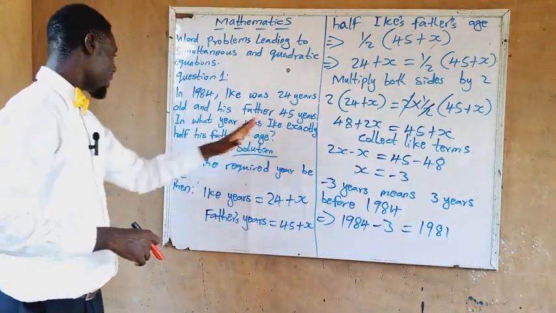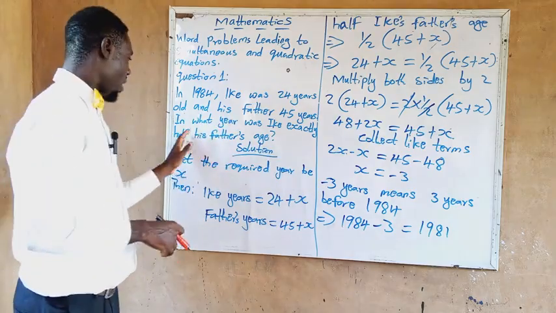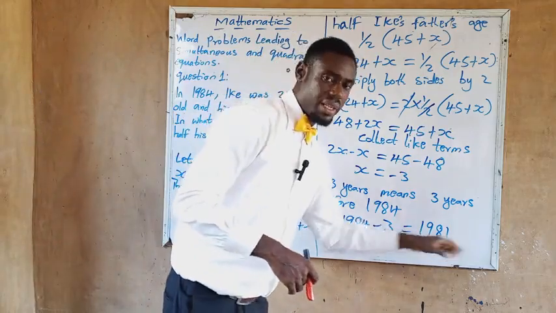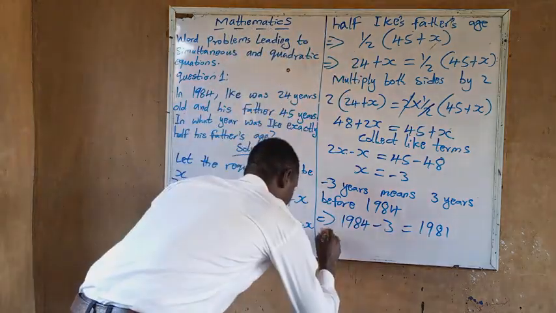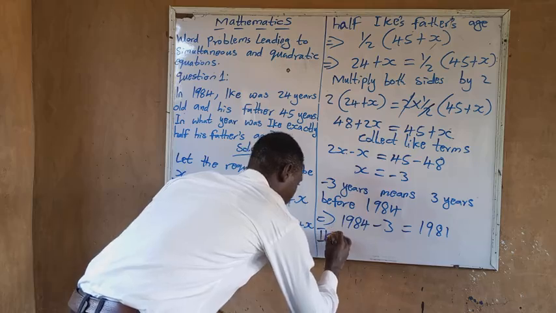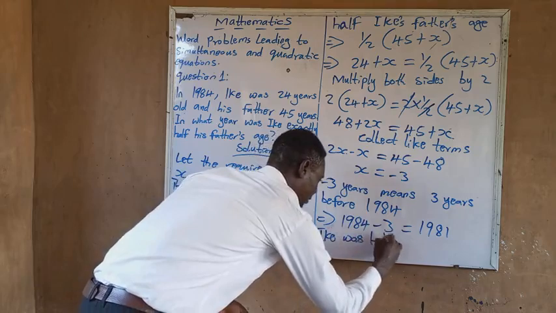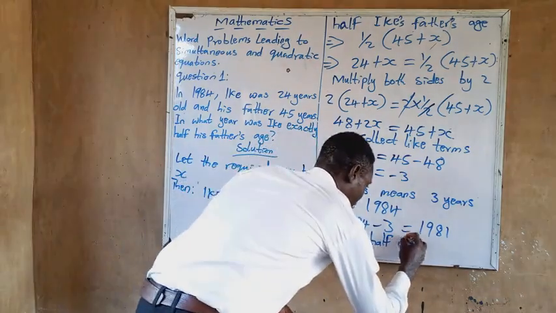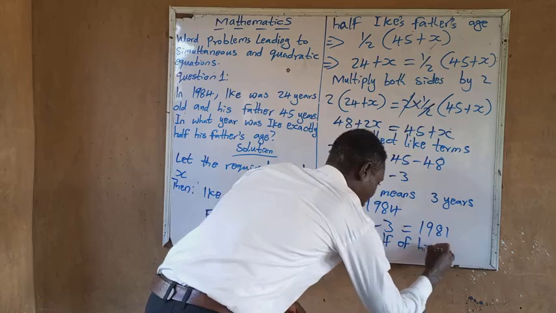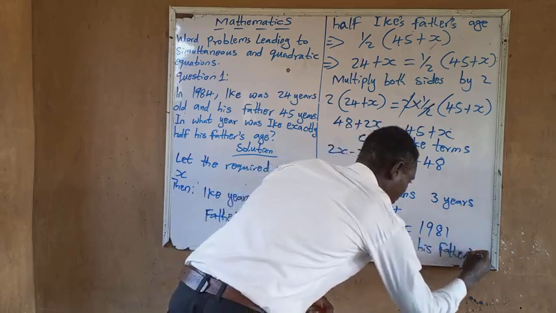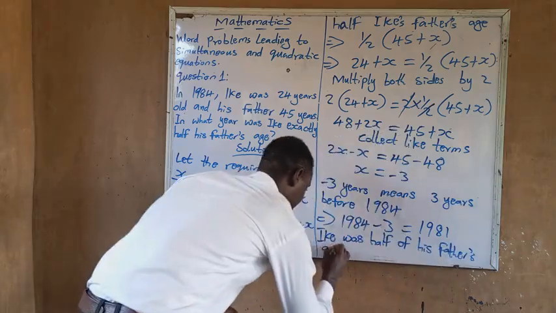Ike was exactly half of his father's age in 1981, which is what we are required to find. So in 1981, Ike was half of his father's age.